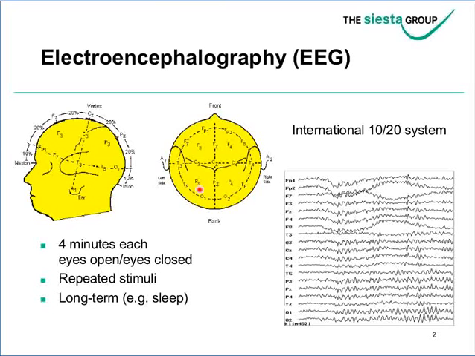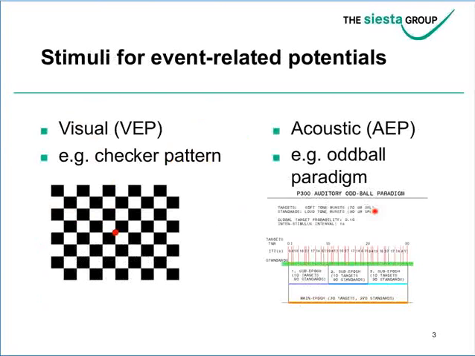A typical multi-electrode setting would include at least 19 such leads, plus references and ground. So we would pick up multitudes of electrophysiological signals to pick up on brain activity.